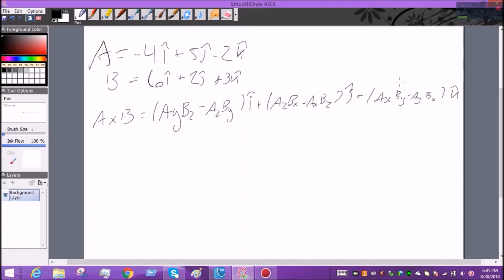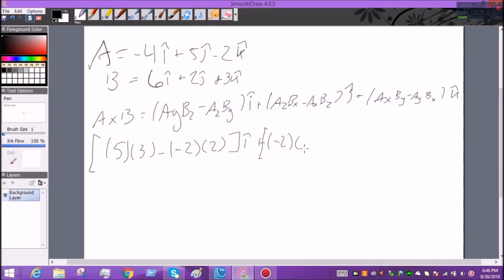Okay, so if we plug these values in, we get a_y, so that's 5. I'm going to bracket these off: 5 times 3 minus negative 2 times 2, and all that will be i, plus, I don't know if I'll have enough room, but you guys know what I was going to do.